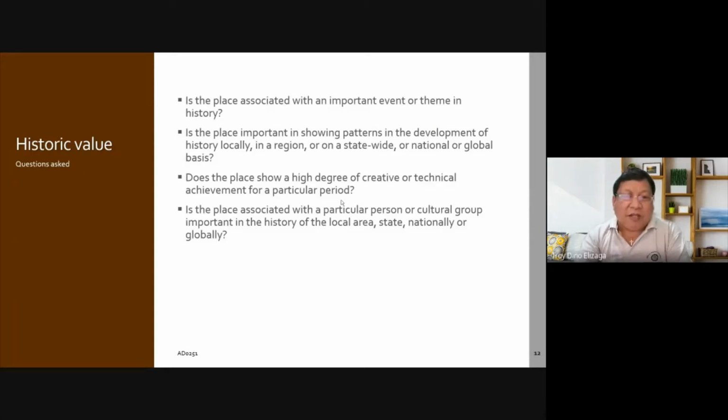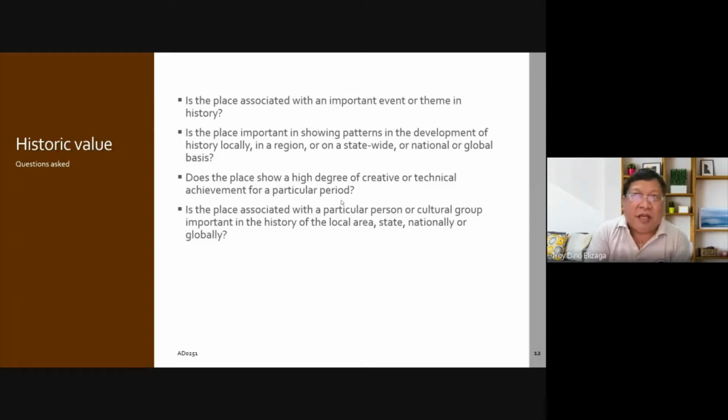Does the place show a high degree of creative or technical achievement for a particular period? For example, if this was the time that the printing press was made, that's a very big deal. Is the place associated with a particular person or cultural group important in the history of the local area, state, or nationally or globally?